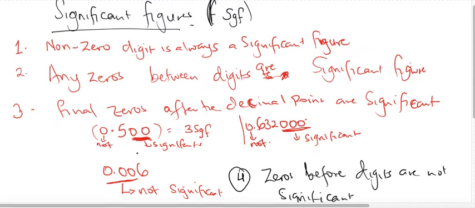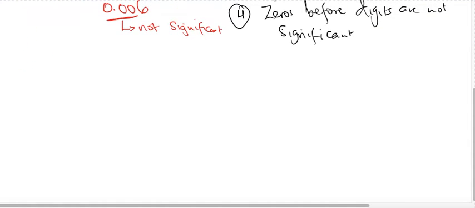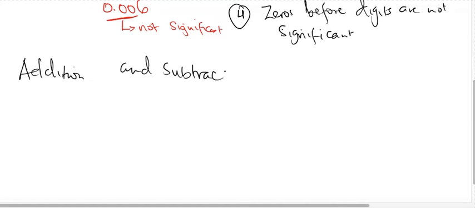Now continuing, about addition and subtraction. Well, addition and subtraction doesn't really have a lot of trick. You just have to count the number of significant figures.